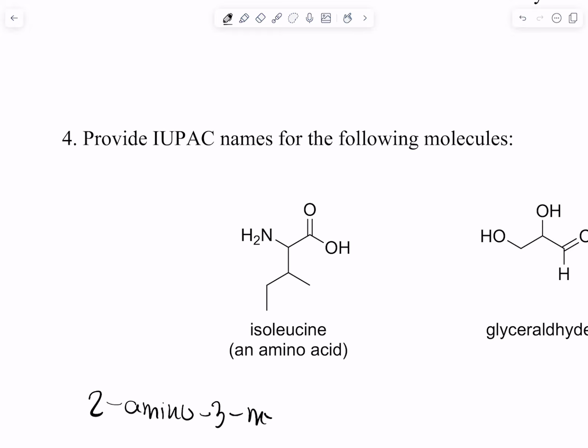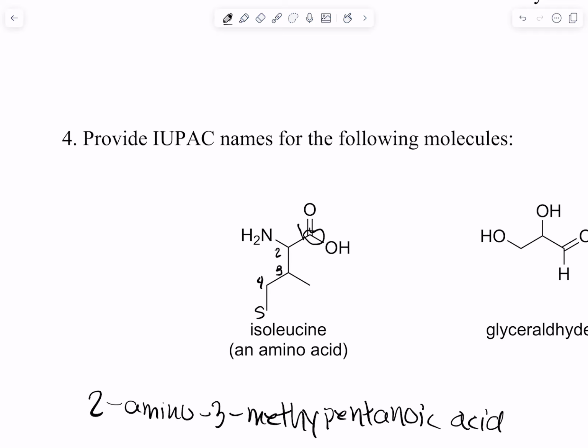2-amino-3-methylpentanoic acid. So for this, I started counting at this carbon right here because this is the carboxylic acid functional group. So it's 1, 2, 3, 4, 5, and a carbon chain of 5 is going to have the root of pentane.